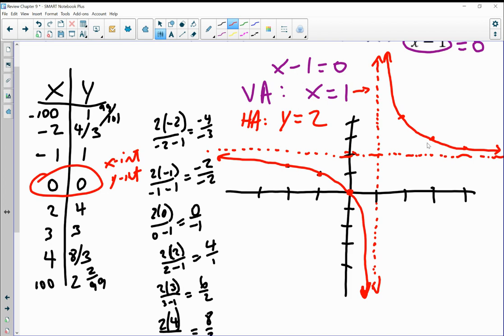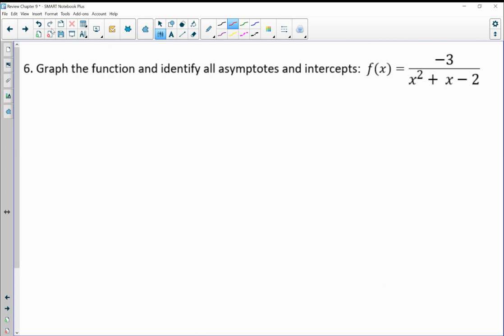Okay, let's take a look at our next one. Negative 3 over x squared plus x minus 2. Whenever you have a rational function, you want to make sure that the denominator is factored, and then from there we set those factors equal to 0.